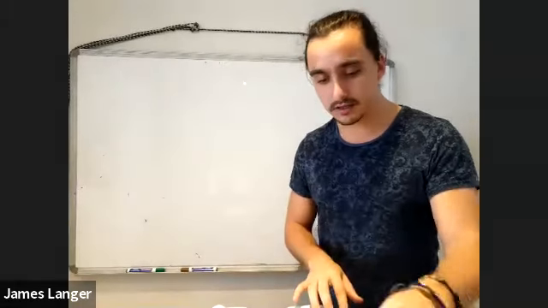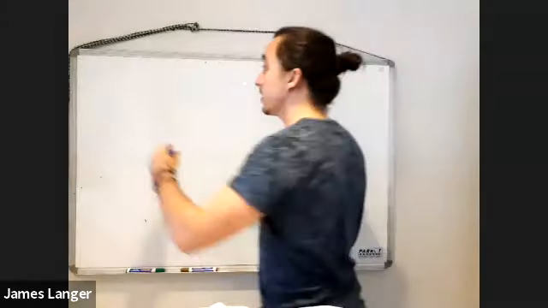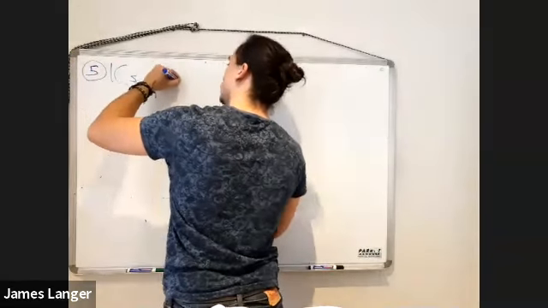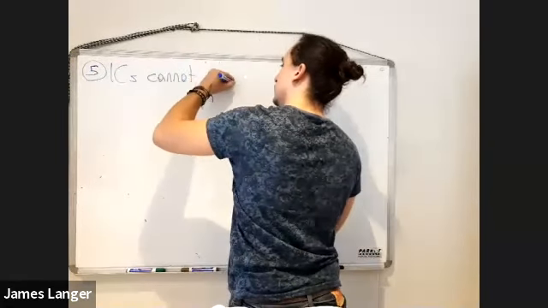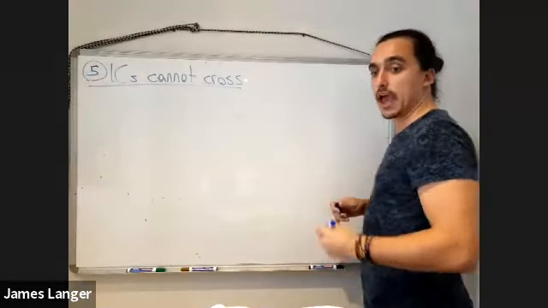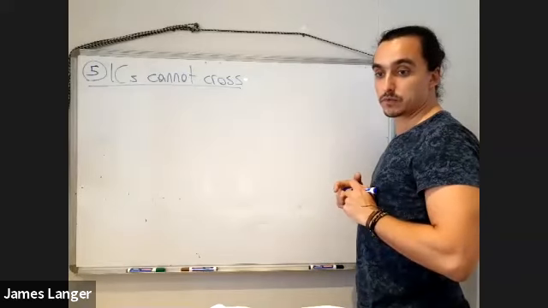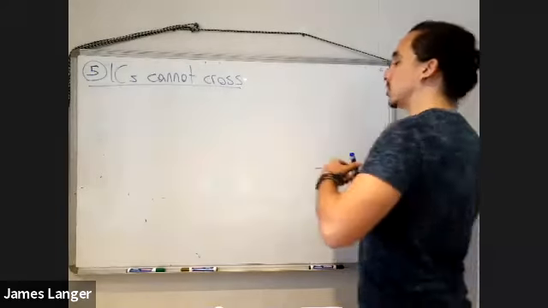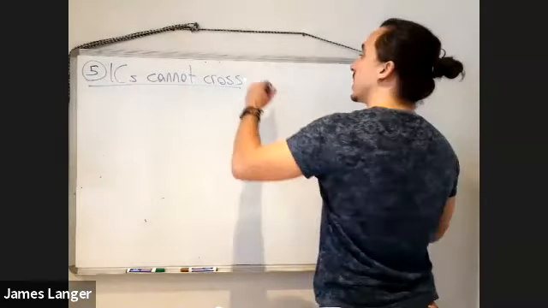So the last thing, the fifth rule that we were going to cover is indifference curves cannot cross. Okay? Indifference curves cannot cross. And so what does that mean? How do we know this?